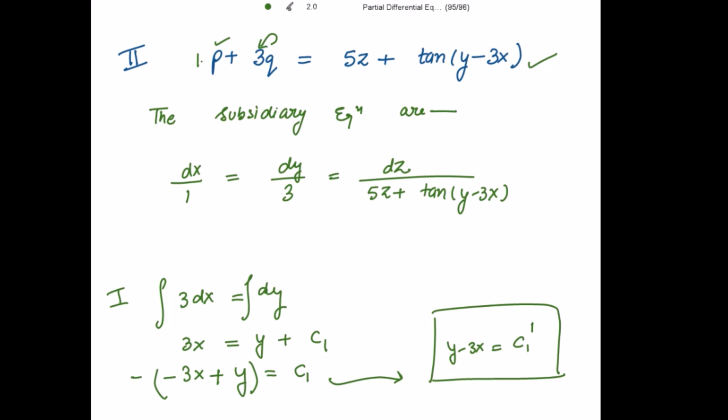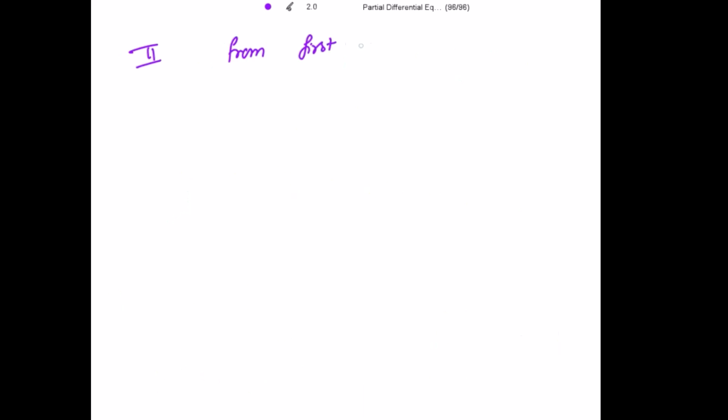The another way of getting the solution is if I consider the first ratio and the last ratio. From the first and last ratio, dx divided by 1 equal to dz divided by 5z plus tan of y minus 3x.